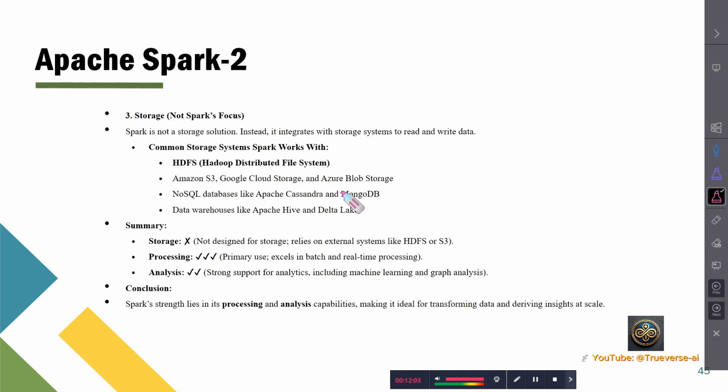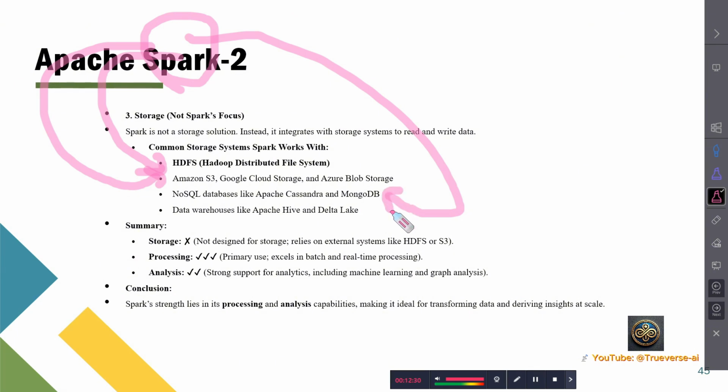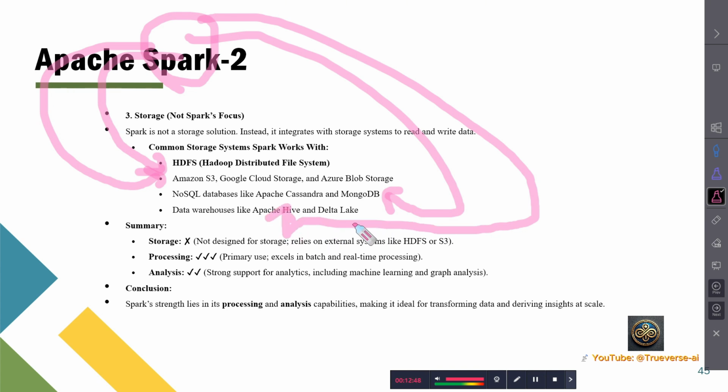So in that case, Spark uses Hadoop and other available tools, with common integrations: Spark integrated with Hadoop or with Amazon, or any NoSQL like MongoDB, or HDFS, and also Hive or Delta Lake, which is a data warehouse, a kind of storage that Spark connects to.